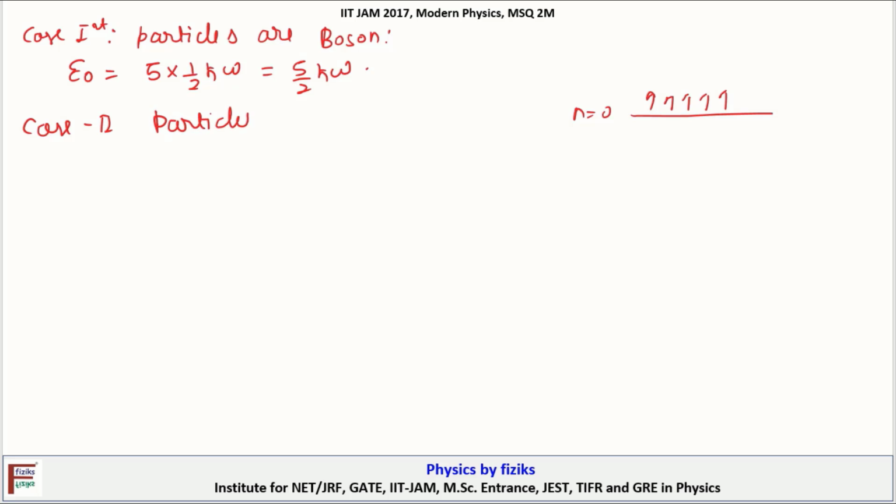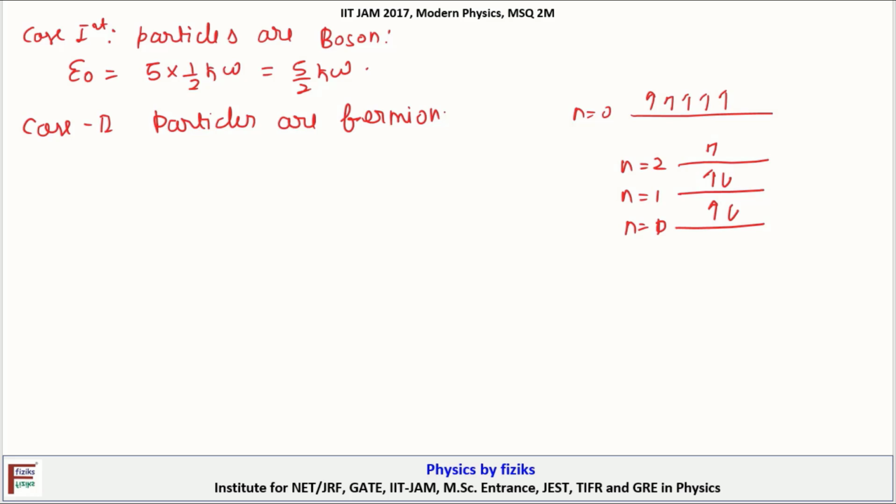Case second, particles are fermions. In this case, we would have n equal to 0, n equal to 1, n equal to 2, meaning each state is occupied by 2 electrons.